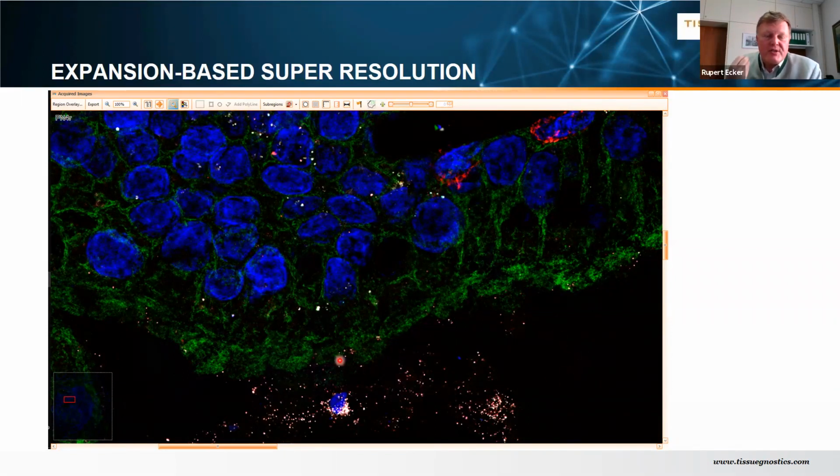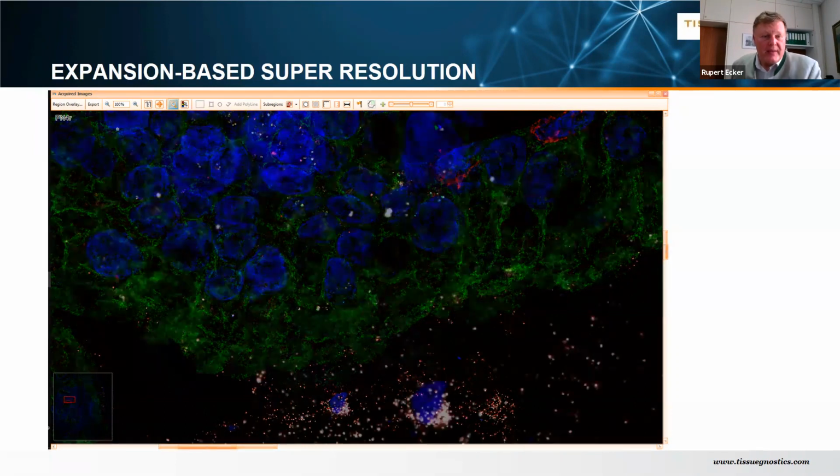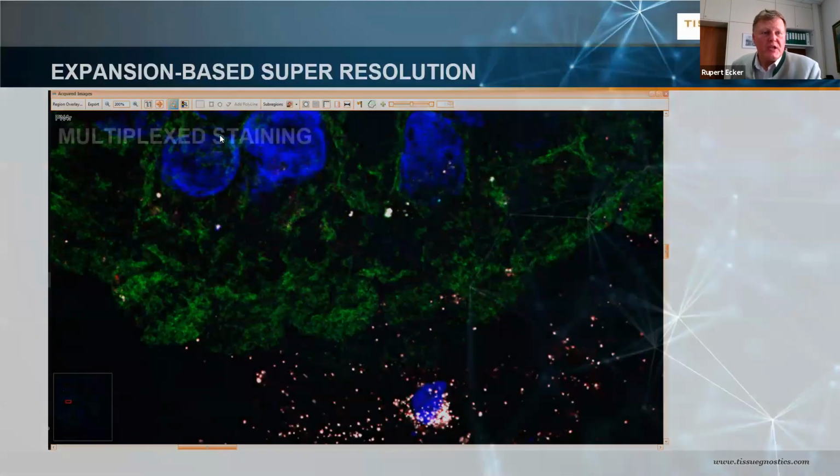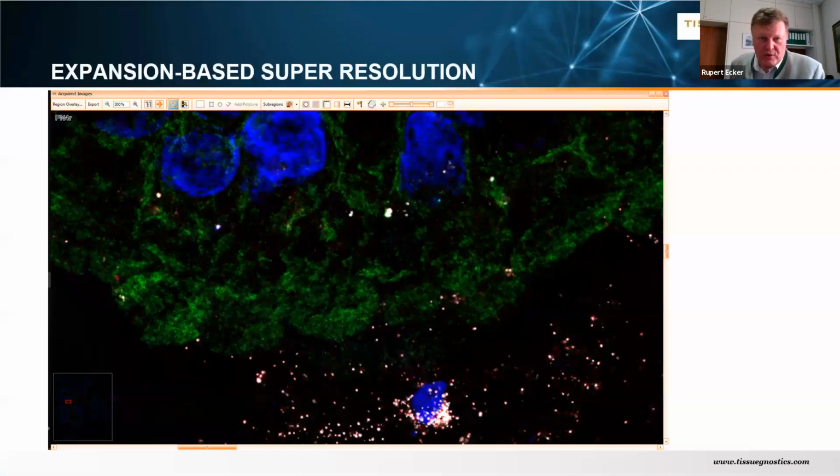So we can here literally observe individual secretory events and check the structure of the nuclei, and it's amazing, right? This combination of expansion microscopy with confocal scanning. And therefore, we call this expansion-based super resolution.